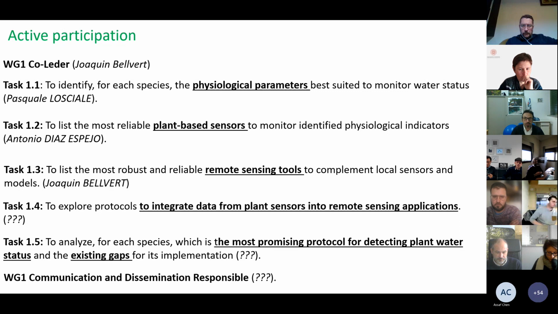This will be part of the group of the dissemination within the COST and will be the trade union between what we do and what can be communicated and disseminated within the project. So also in this case, please let me know volunteers for this role. People that are familiar with social media, that are active and so on.